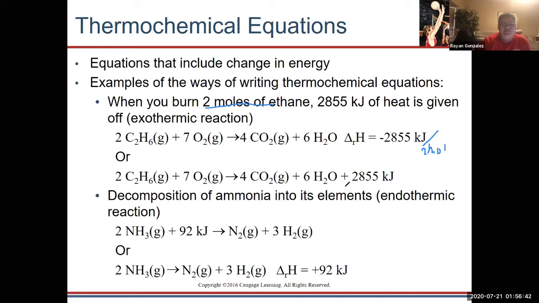So is it like the same concept of what you put in is what you get out? Exactly. So the thing is that we're putting in these chemicals. The bonds here are being broken, right? The breaking of those bonds is being taken care of by that energy that's being released.